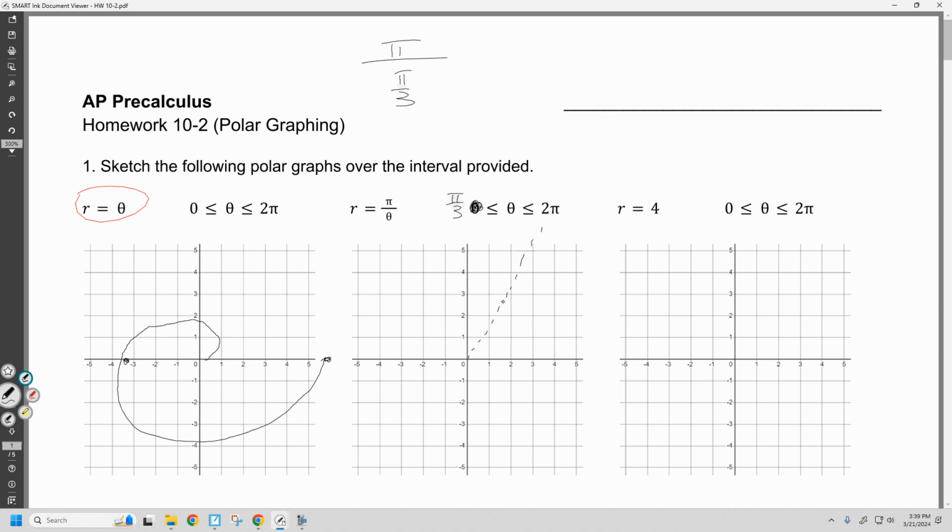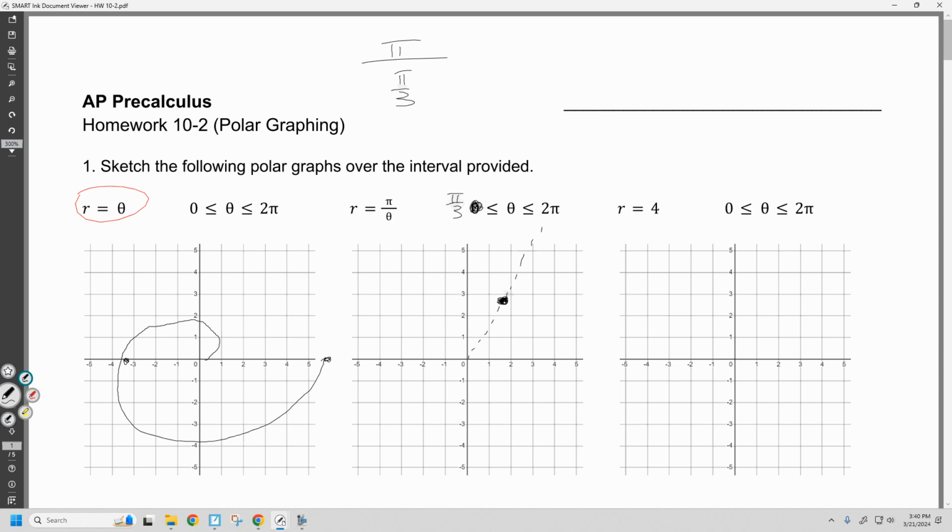I don't know, approximately here. This is the start of the graph because I just changed it up on you. But now it's your job to plug in other angles. I'm not telling you what angles to plug in for this first page. On the next page, we'll be a little bit more specific about which angles you should probably plug in.